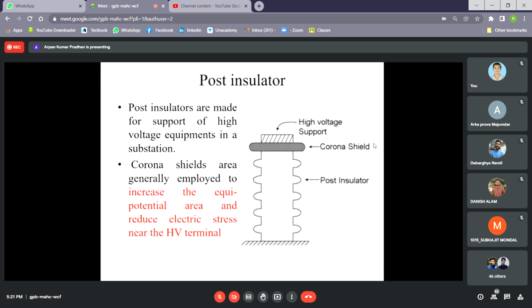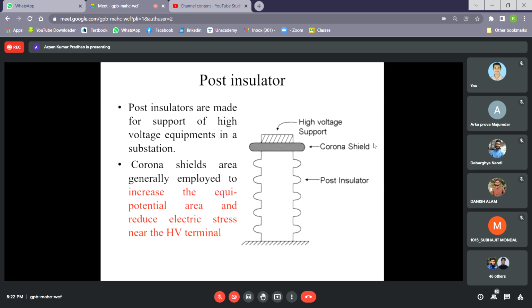So you can't put that instrument on the ground, but according to our application it should not be mounted to some other places. So in that case there is an insulator which is used to separate the instrument and the ground. That means the instruments are placed on that insulator, and these insulators are known as post insulators. You can see the figure of that post insulator. So it is an insulator on which the instrument can be placed.